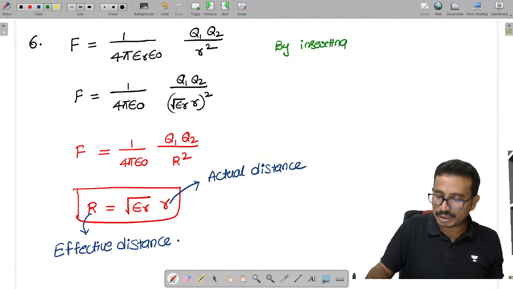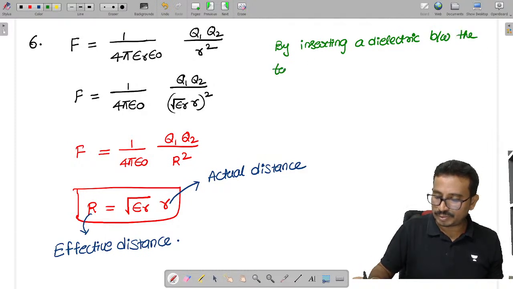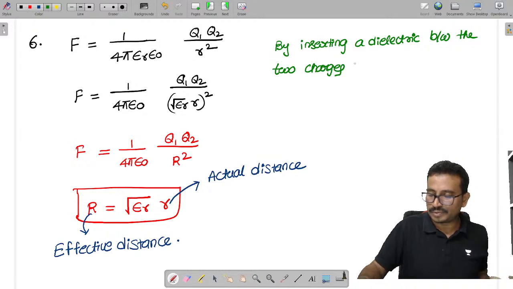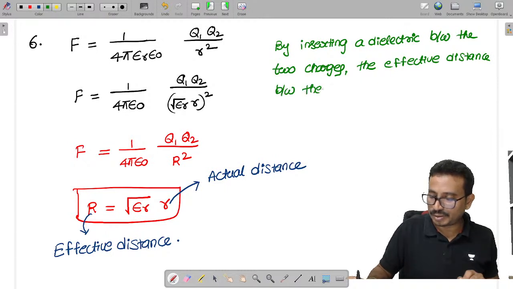By inserting a dielectric between the two charges, the effective distance between them increases.